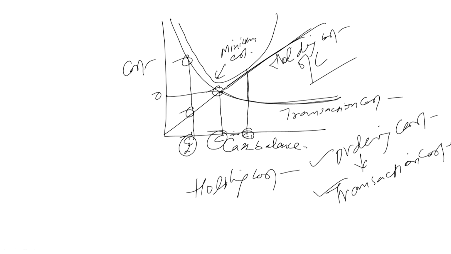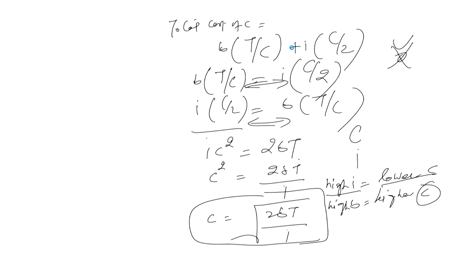If you are keeping a high amount of cash, the opportunity cost is high, but because of the inverse relationship, your fixed cost is less.